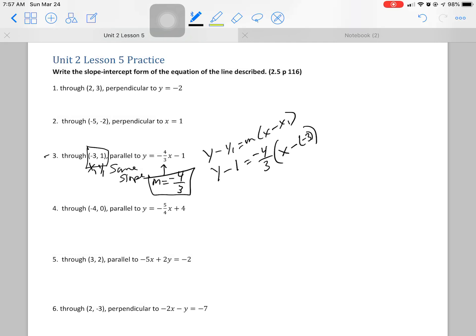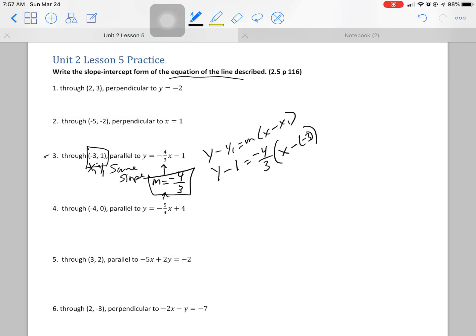Okay? So if they give you a point and they gave you this equation, that's like giving you a point and a slope. You need to put it in the point slope. Okay? Since it has to be parallel, the equation of the line we're trying to get has to have this slope, so it's parallel to it. So that's what we put in the point slope with the ordered pair that's supposed to go through there.